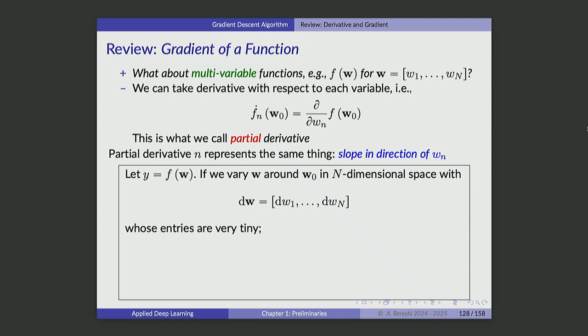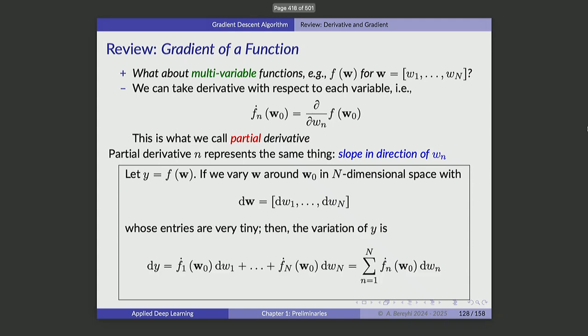Now, the question is that when I did this move, how much did the function change? And how can I compute it? I can just extend the same idea as before. So I could say, I get the first partial derivative, and I multiply it by the tiniest step in the first direction, right? I get the second one, multiply by the tiniest step in the second direction, and so on till the last guy, right? So I moved a tiny bit like this.